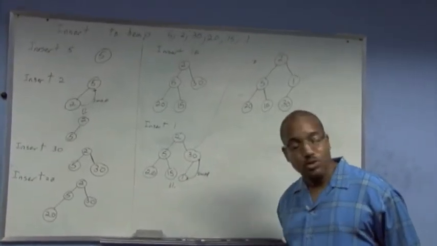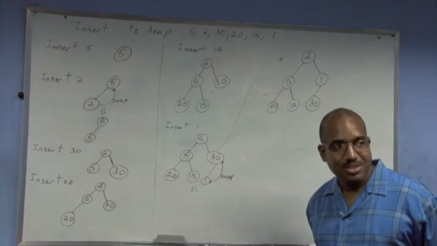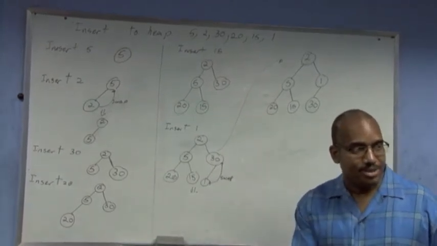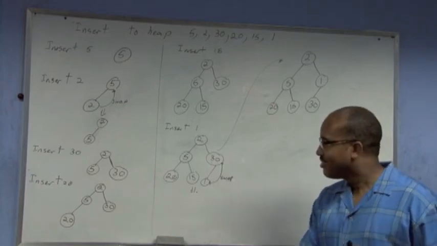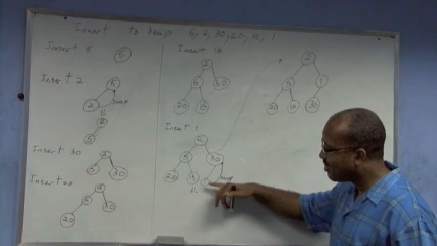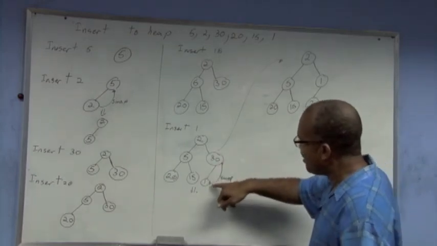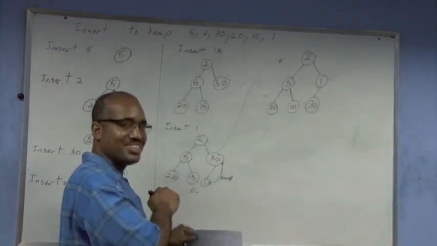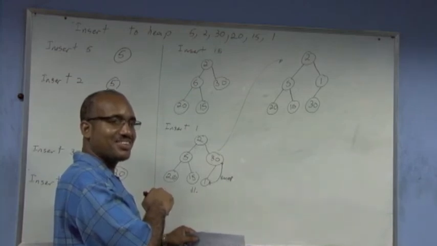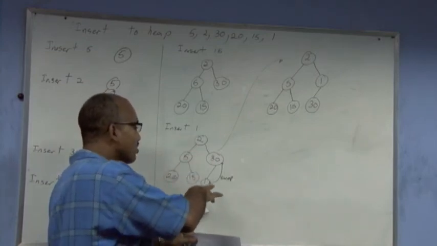We fill the row completely. So we get it balanced. Exactly. I know it's supposed to be there, but we have not drawn it.